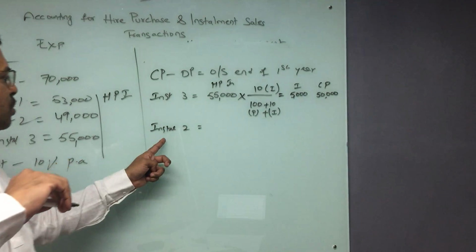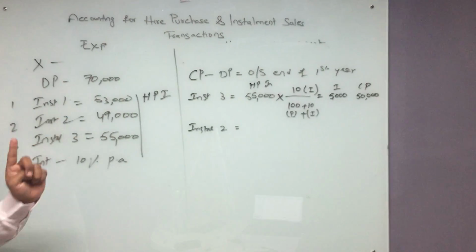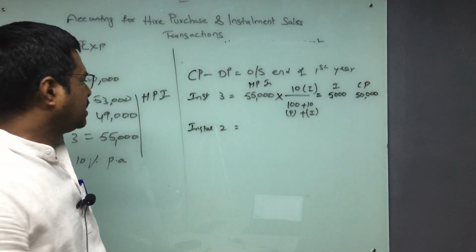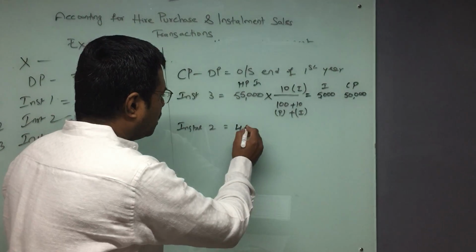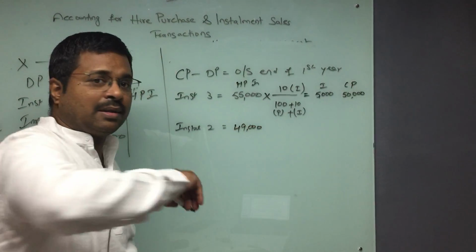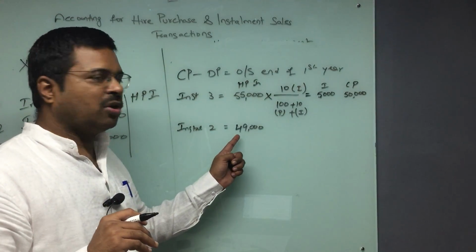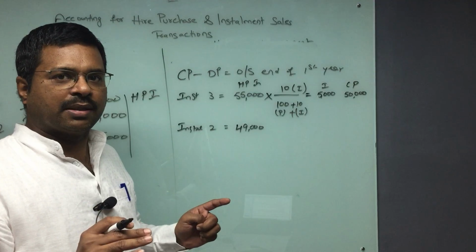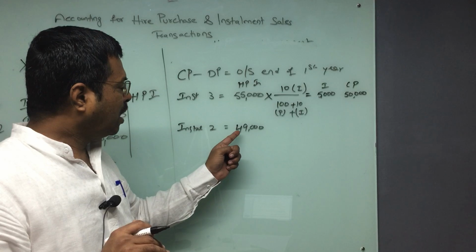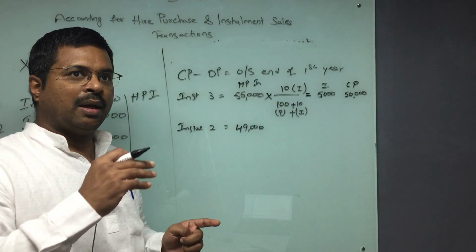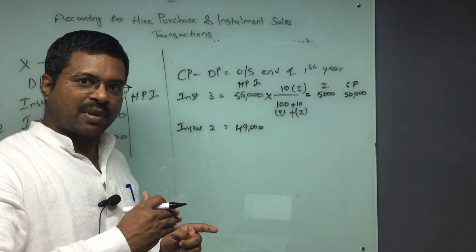At installment 2, the given example says 49,000 is the installment amount. This I am paying at the end of the second year. So this particular amount includes the outstanding at the beginning of the second year.